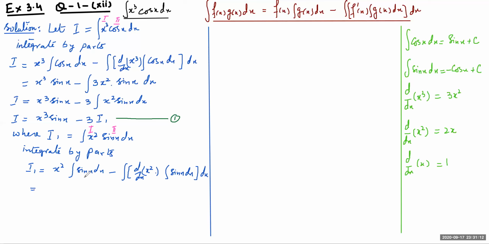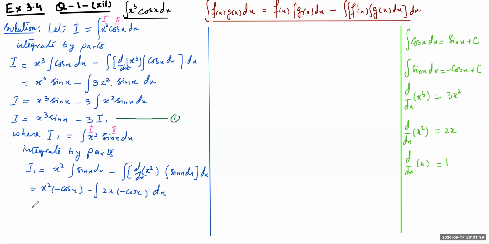So you can write these results with the help of these, and we get x square times minus cos x, minus integral 2x, and then again minus cos x and dx, because integral of sin x dx is minus cos x, and d by dx of x square is 2x.